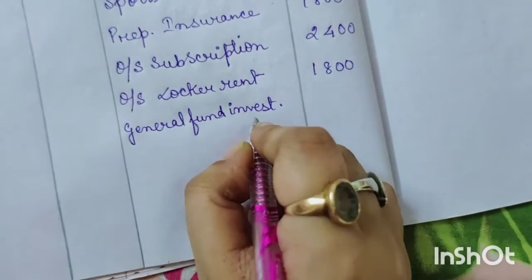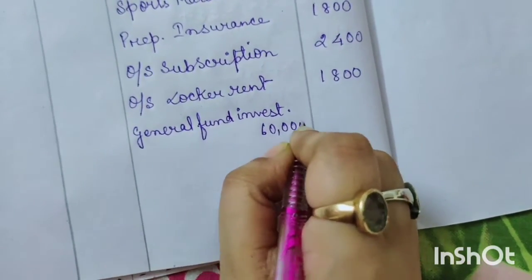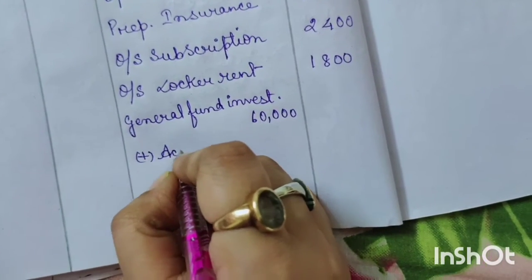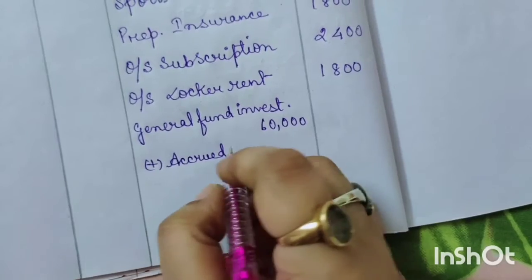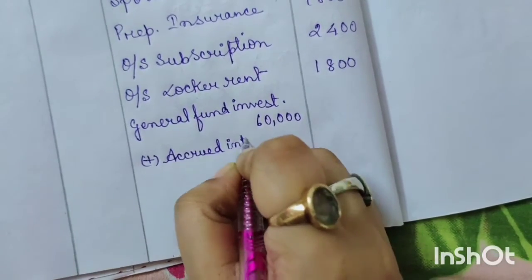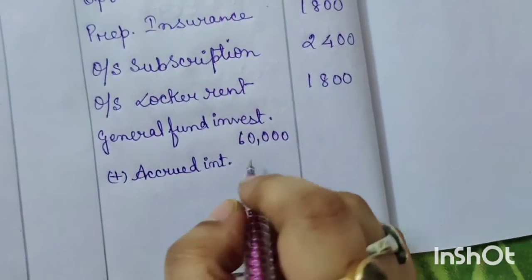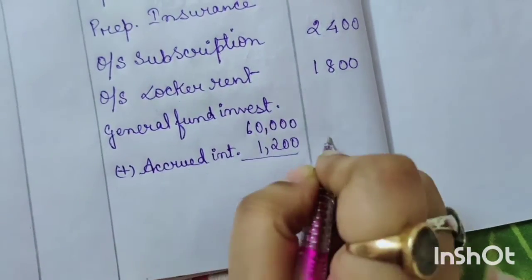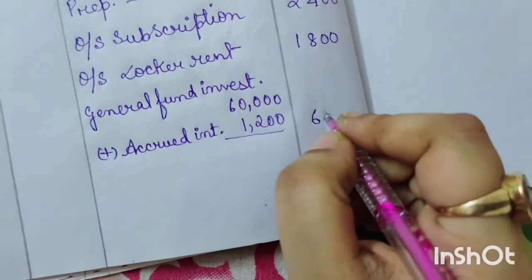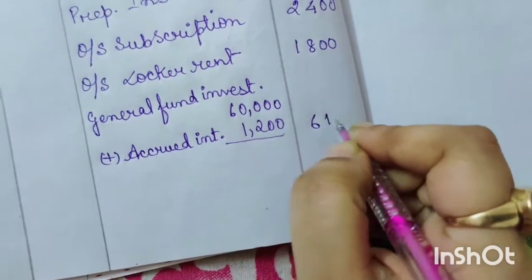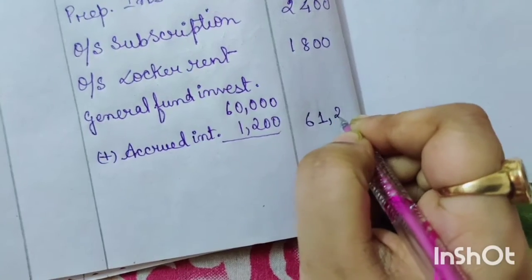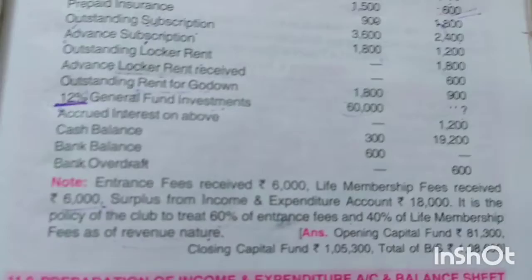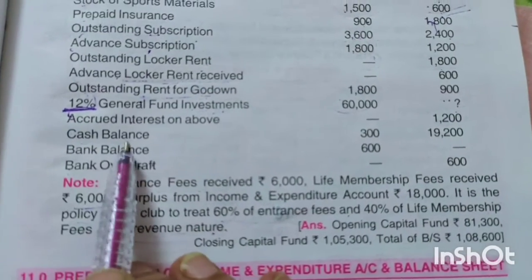What was the opening balance? 60,000. Okay, now with this we will add accrued, means the interest which you are supposed to get but you have not got yet. So accrued interest, and the interest was 1200. So at the end of the year the value of total general investment will be 61,200. Clear?